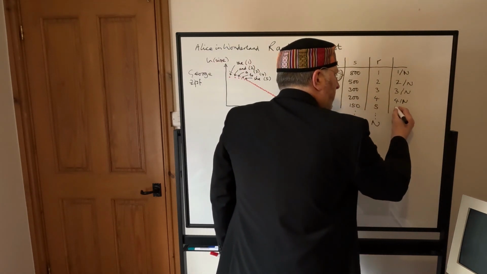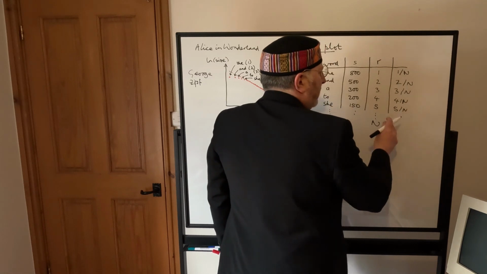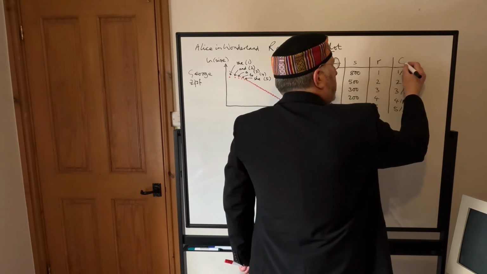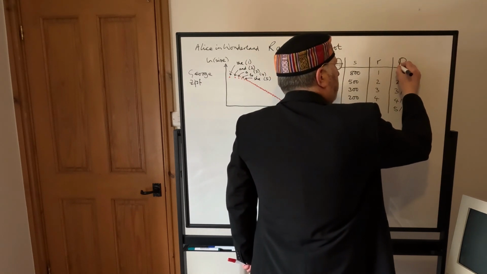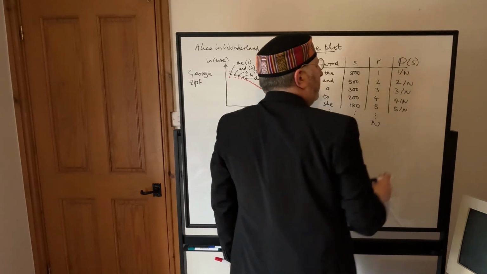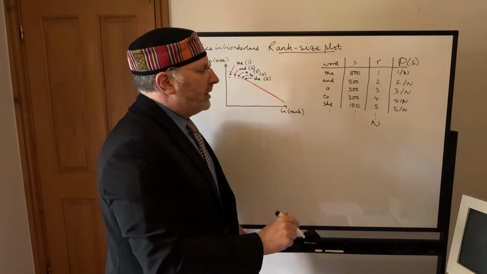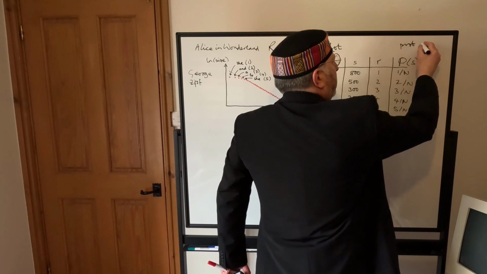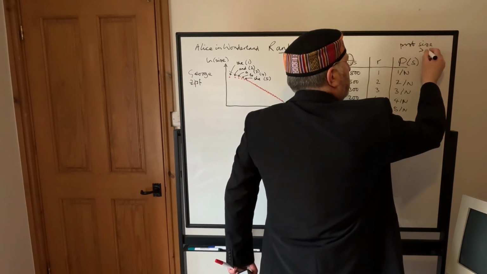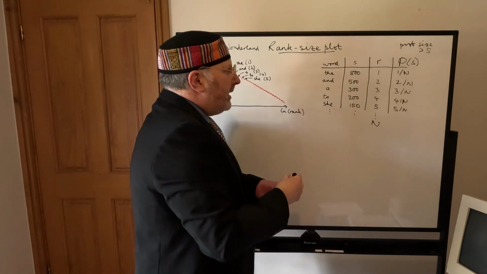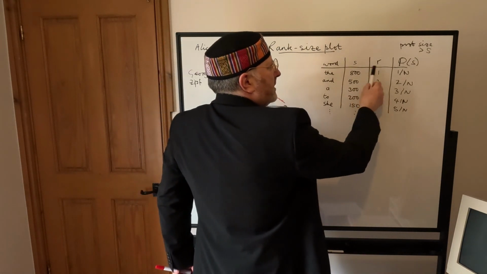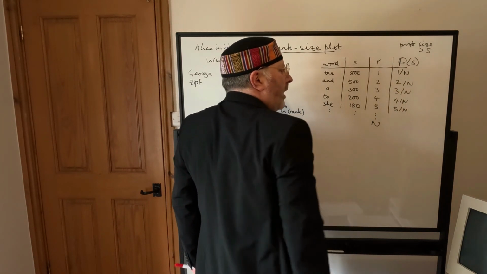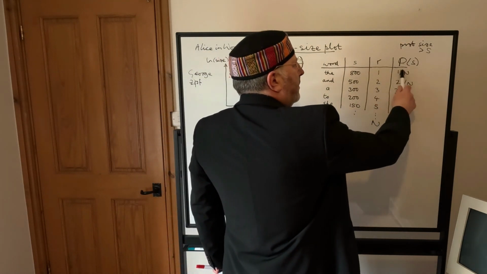And so on. So we can see that these numbers here are just the rank divided by the total number of words. And that is the cumulative probability of S, the size, because that was our definition of the cumulative probability, the probability that the size is greater than S. So here it's the probability that the size is greater than 800, and we've just been saying, well, there's only one such, so it's only 1 out of n, so it's 1/n.